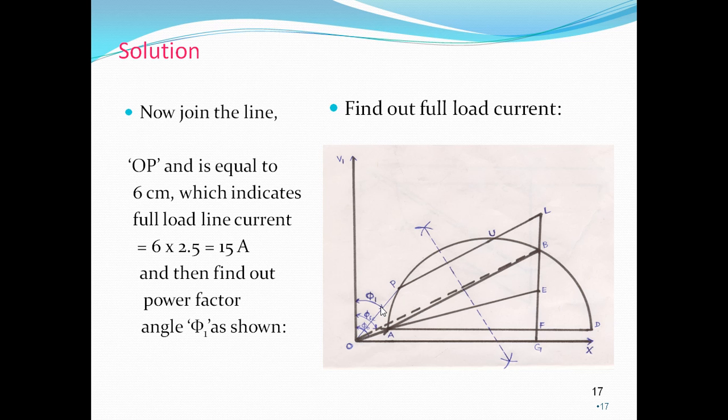Now we have to draw a line parallel to output line AB and tangent to the semicircle, which touches at a point H. From H you draw a vertical line which touches the output line at point I. So HI represents the maximum output. You measure that output and multiply with the power scale.